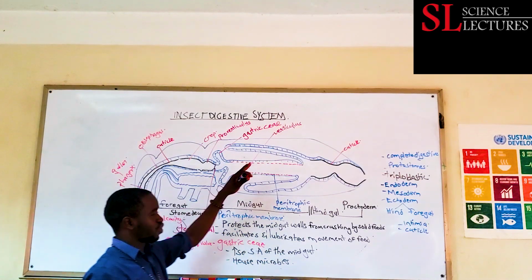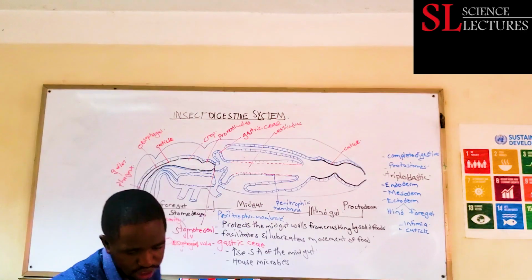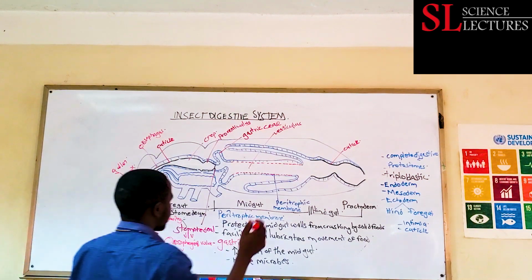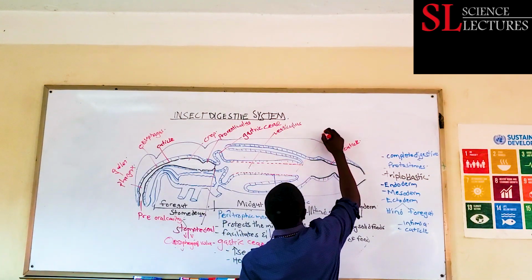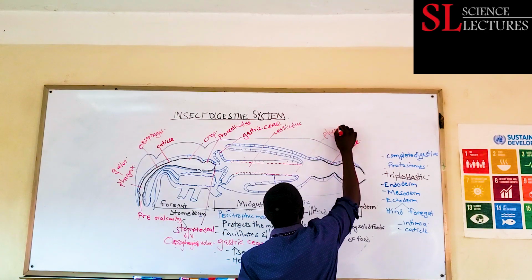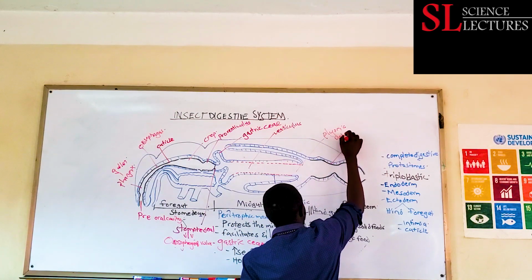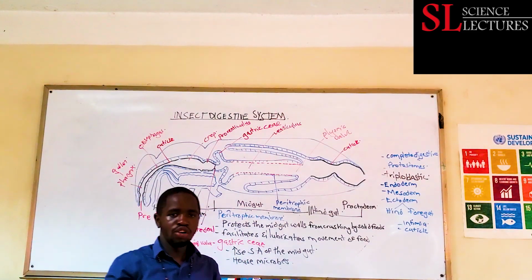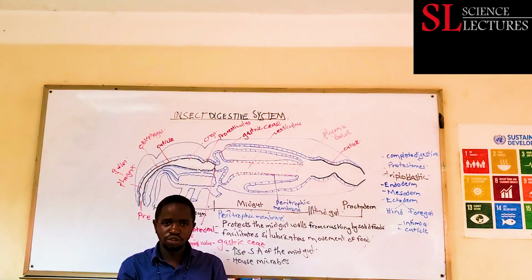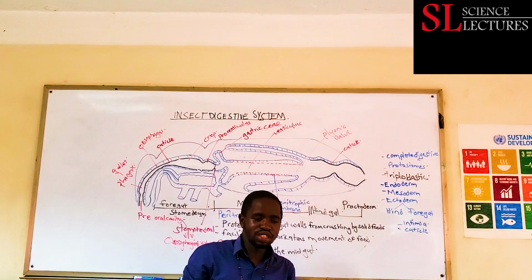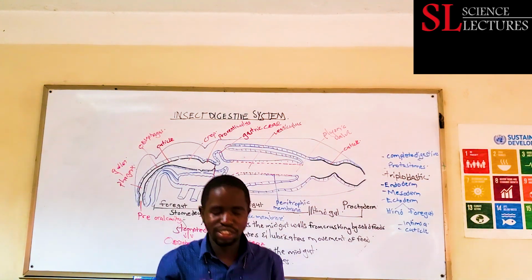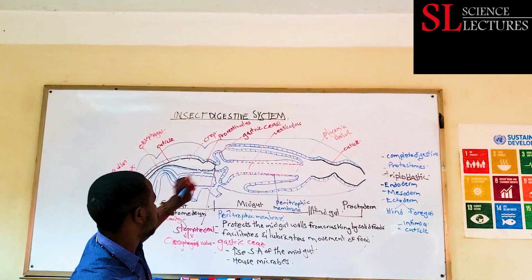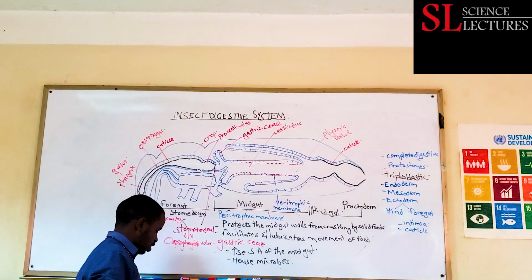Then when you're moving from the mid-gut to the hind-gut, there is what they call the pyloric valve. Food just doesn't move from one part of the gut to another. It has to be regulated that this amount of food has to move right now, just as in humans, whereby we have the pyloric sphincter muscle and the cardiac sphincter muscle. So, from the mid-gut, food will move to the hind-gut.